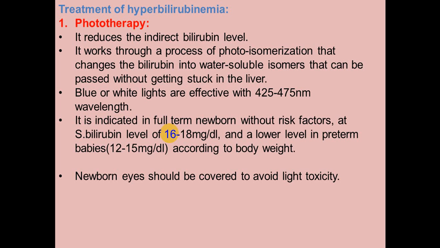It is a form of lights that cover all the skin of the newborn baby from all directions, and we put the baby in this device naked, just with his eyes closed to avoid phototoxicity.